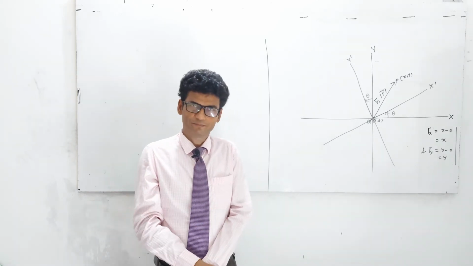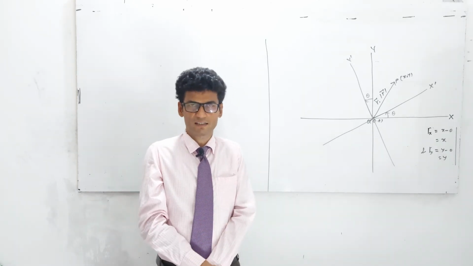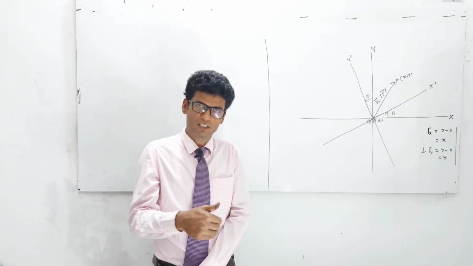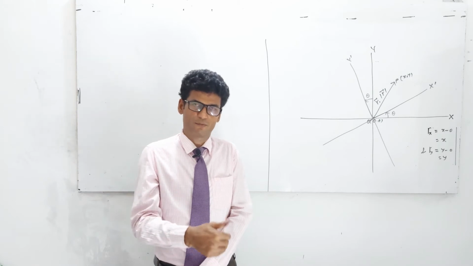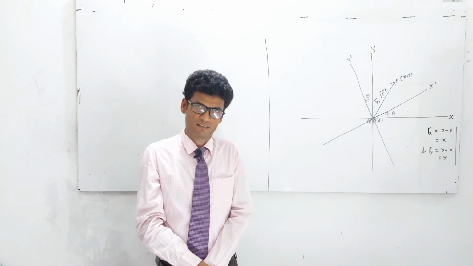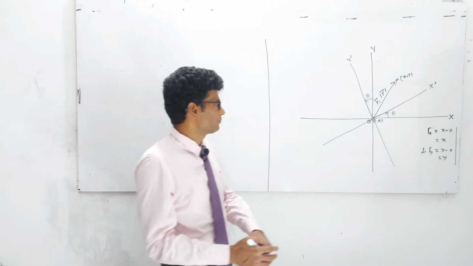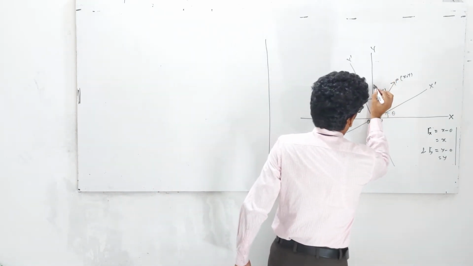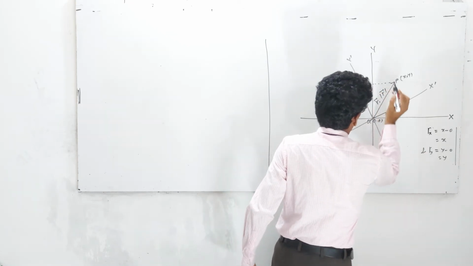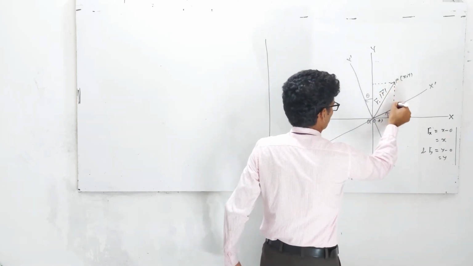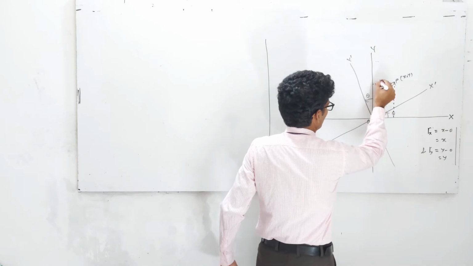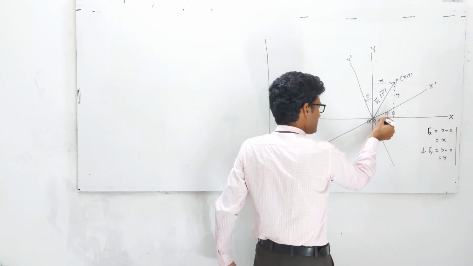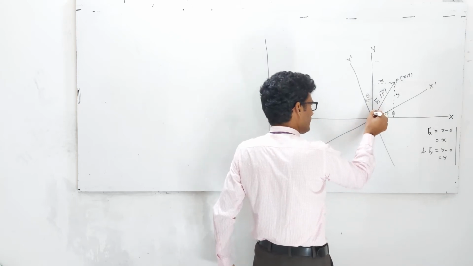X coordinate is a distance from y axis parallel to x axis, and y coordinate is a distance from x axis parallel to y axis. So, look at here, if we draw like that, this is x and this is y. So, here x axis is perpendicular to y axis.